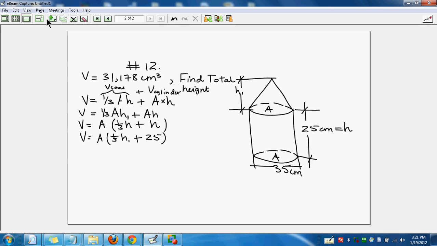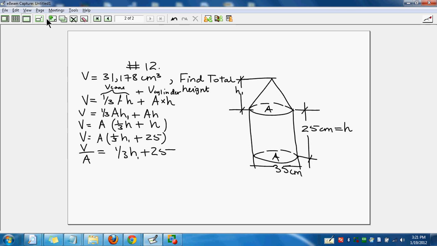Okay, and so let's see what would happen here. I could put in the figures now, or I could still work with these symbols and see what happens. So now if I divide both sides by A, I'll get V over A, dividing this side by A and this side by A, will be equal to a third H1 plus 25, right?